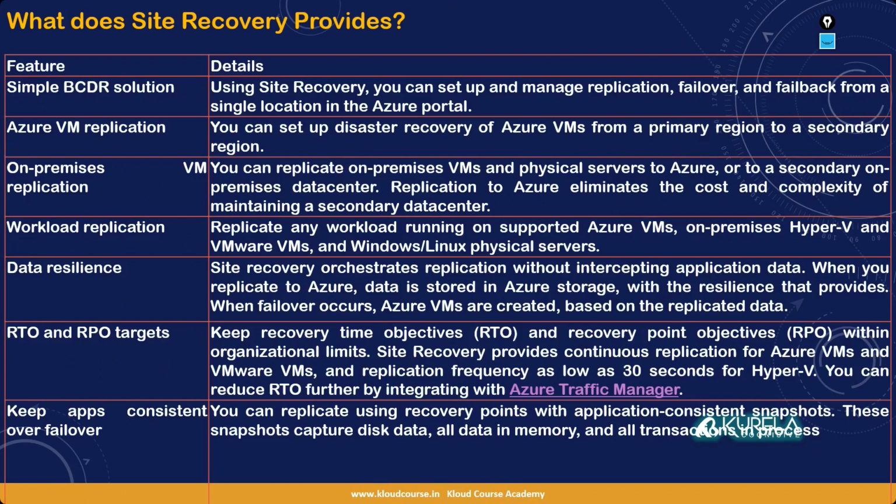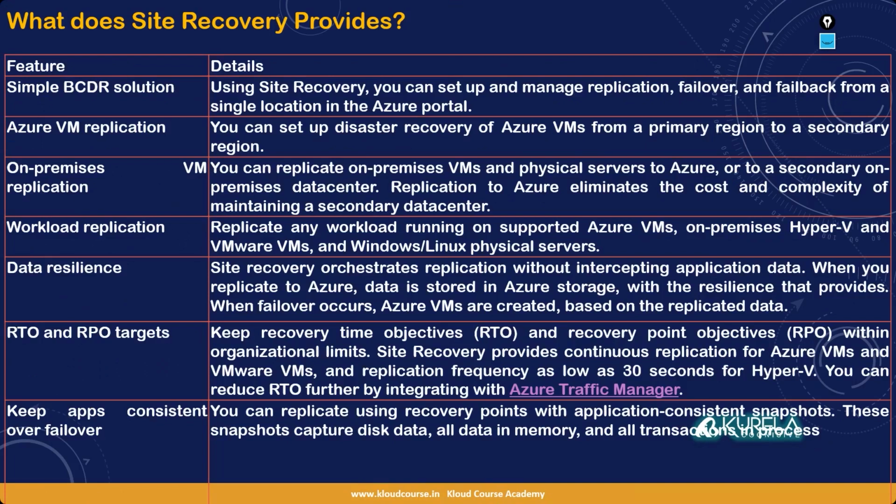When you define your BCDR, you have to define RTO and RPO. RTO talks about recovery time objective, and RPO is about recovery point objective. For example, say your data center is down now at 5 p.m. RTO is talking about how long you need in order to put it into a good state, or in order to make it operational.